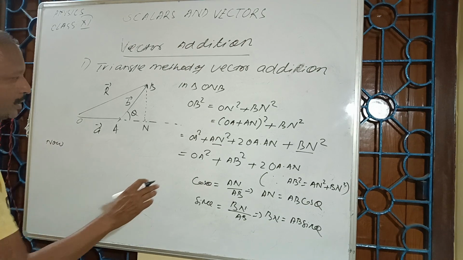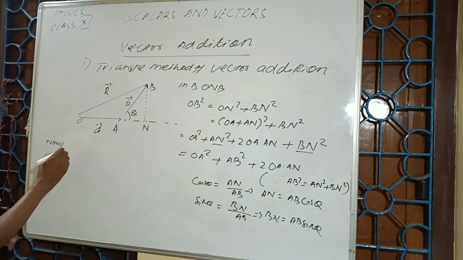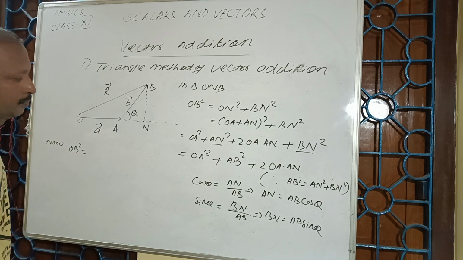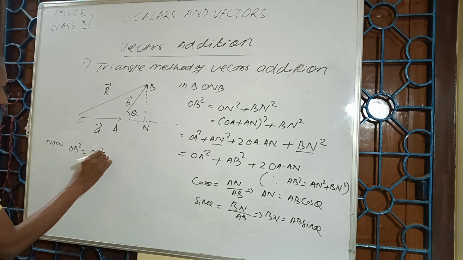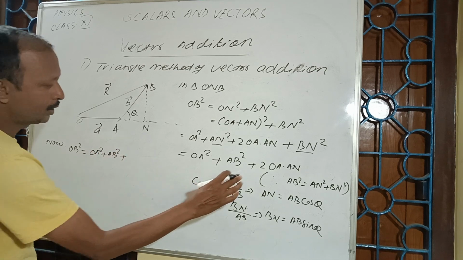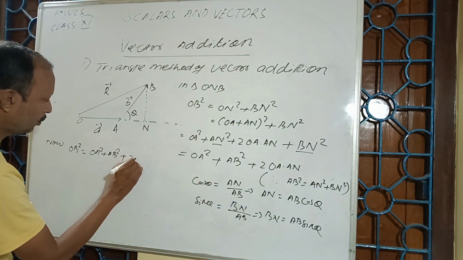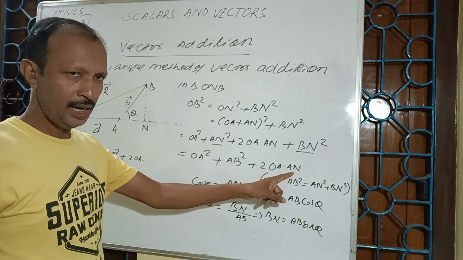So now what can I do? Now I can say that OB square is equal to OA square plus AB square plus 2OA into AN.